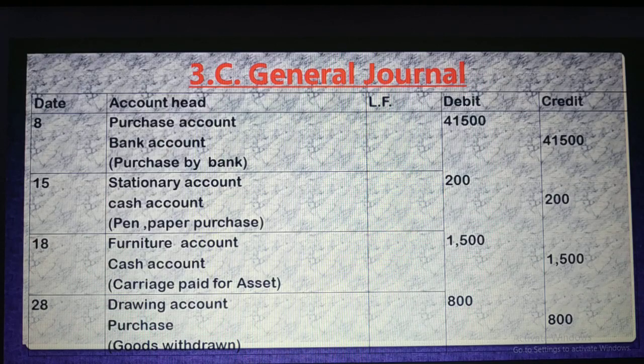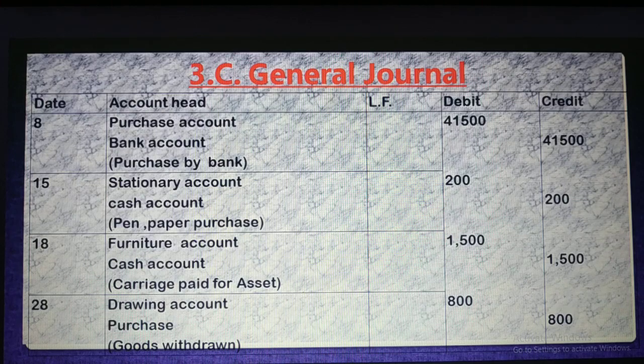So drawings account and purchase account, very important journal, dear student. Normally if you withdraw, then drawings debit, cash credit, 99% case you write it, but look at, this is exceptional, drawings account and purchase account, because owner has taken goods which we purchased for sale.